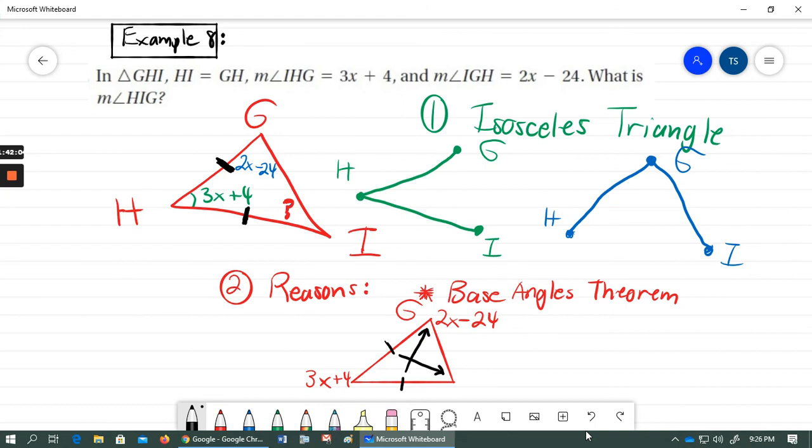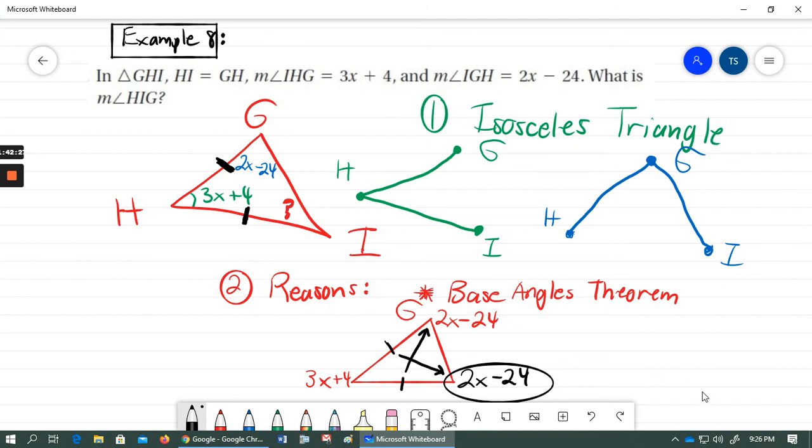So if one of them was 2x minus 24, that means the other one has to be 2x minus 24. So this angle here has to be 2x minus 24, again.